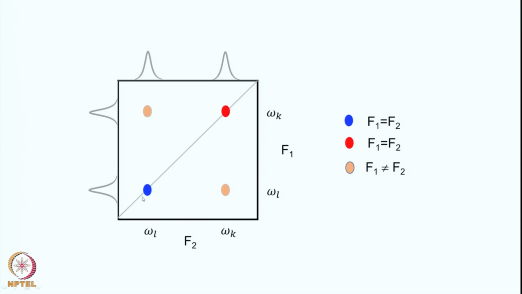But there is no stopping. If you are exciting both the spins at the same time, then the same thing can happen for the spin L as well. So if you started with the spin L, then during the T1 period it will evolve with the frequency omega L, and during the mixing some of it will get transferred to omega k. Therefore this will produce a cross peak here and a diagonal peak here. So each one of these will produce a diagonal peak and a cross peak.